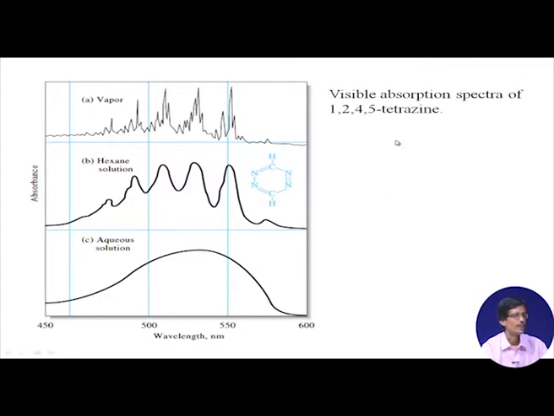This tetrazine molecule dissolved in water gives rise to a very broad absorption spectrum in the visible region, recorded from 450 nanometer to 600 nanometer, with the maximum absorption at 525 to 530 nanometer.